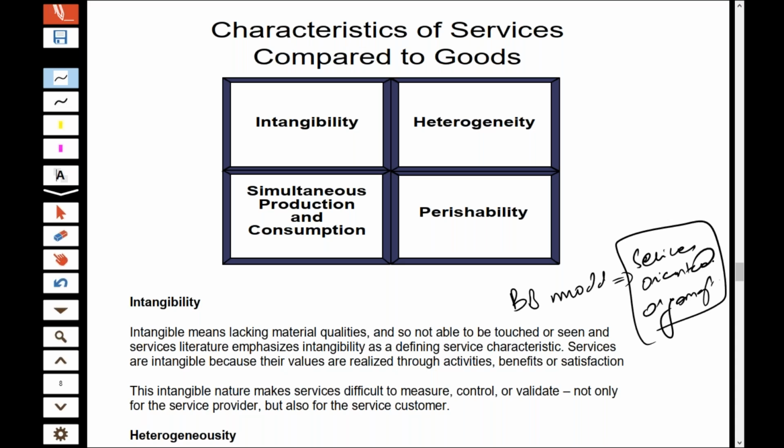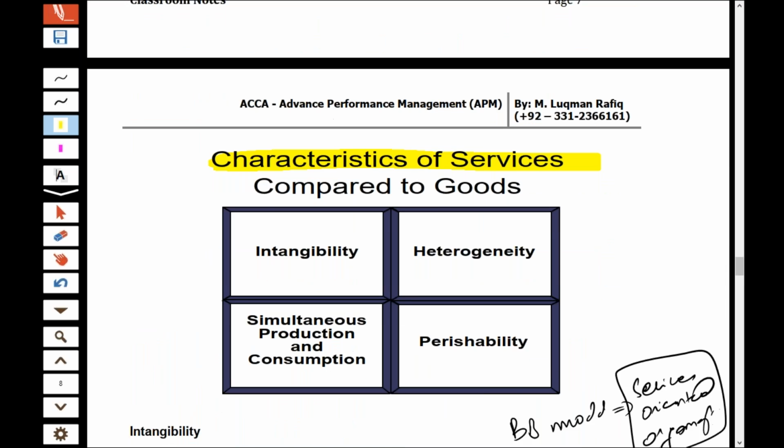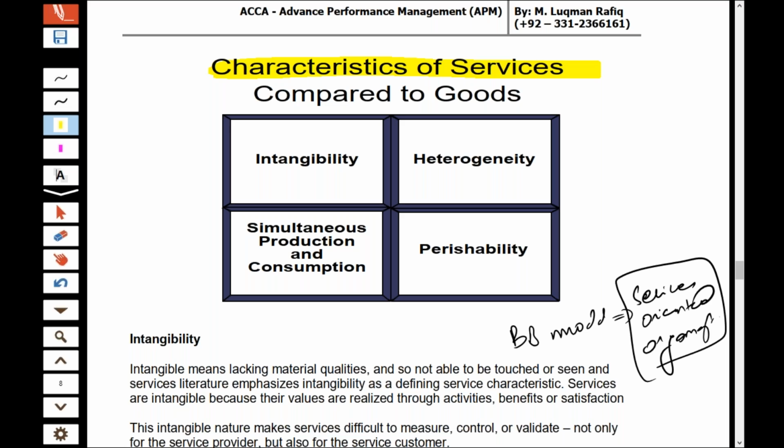Now, why was there a need to have a different model for the service oriented organization? The reason is that a service organization has a few specific characteristics as compared to a manufacturing organization. What exactly are they?